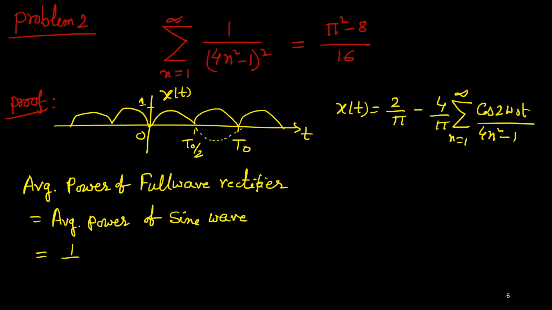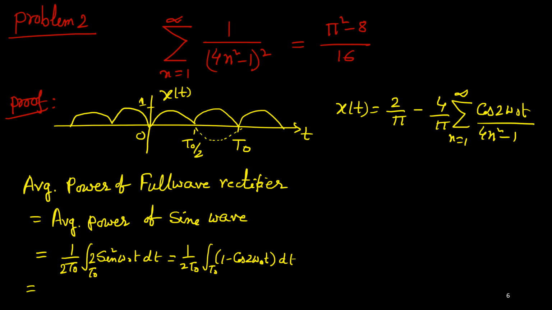So this is 1 upon T naught, and integration for one time period T naught, of sine square omega naught t dt. So if I multiply by 2 here and divide by 2 here, then this is 1 upon 2 T naught, and this sine square we can replace as 1 minus cos of 2 omega naught t, dt.